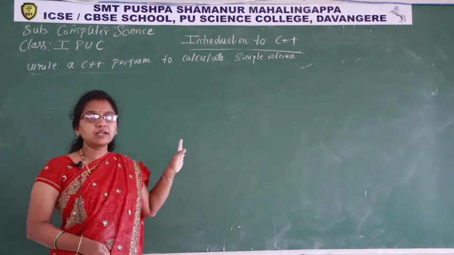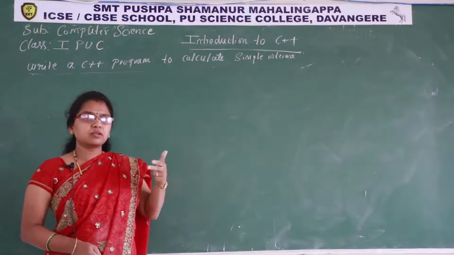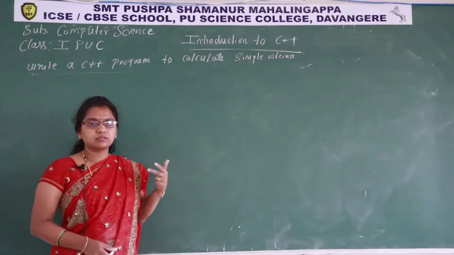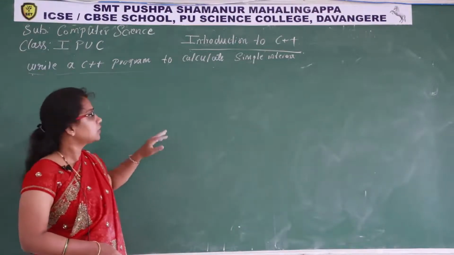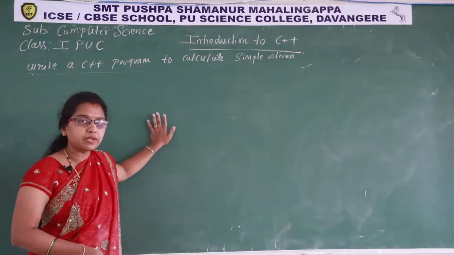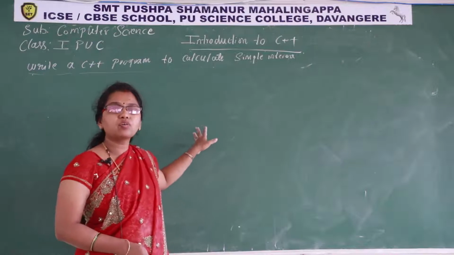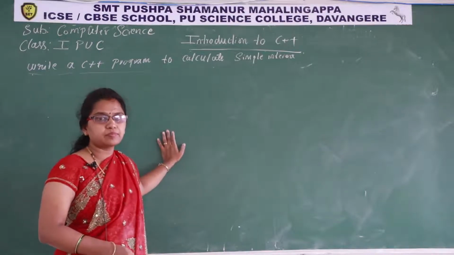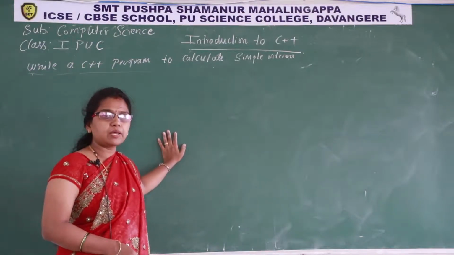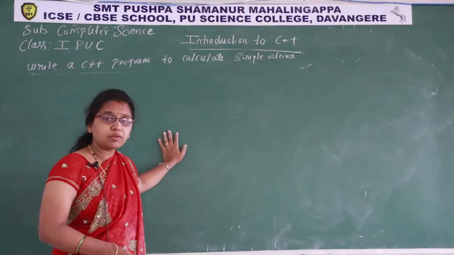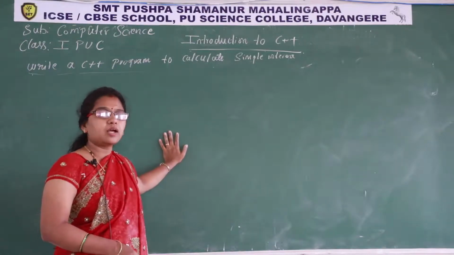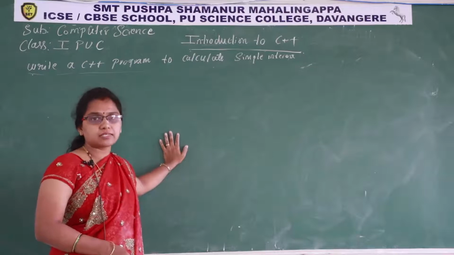You have to think and analyze the answer. How many variables? Total 4 variables, because 3 variables for input and 1 for output to store the result. Among 4 variables, 3 variables we give input and 1 variable is for result.